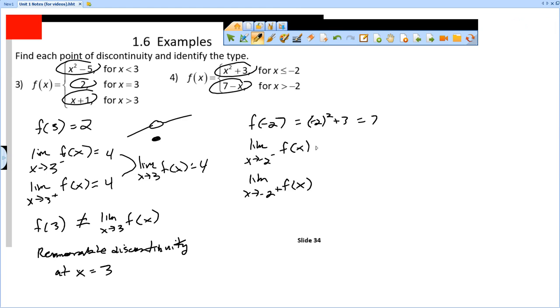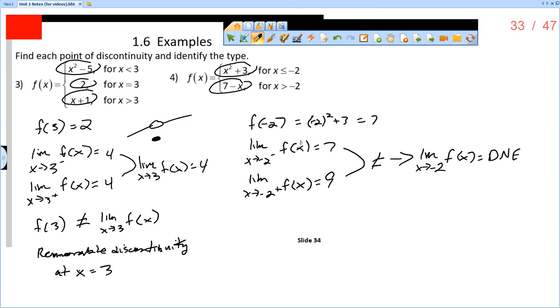All right. And so if I do that, from the left we're just plugging into the top piece again, so that's going to be 7. From the right, now we're plugging -2 into the bottom piece. So 7 minus -2 is 9, right? And so we can say that these two are not equal to each other, and that tells us that the limit as x approaches -2 of f of x does not exist.